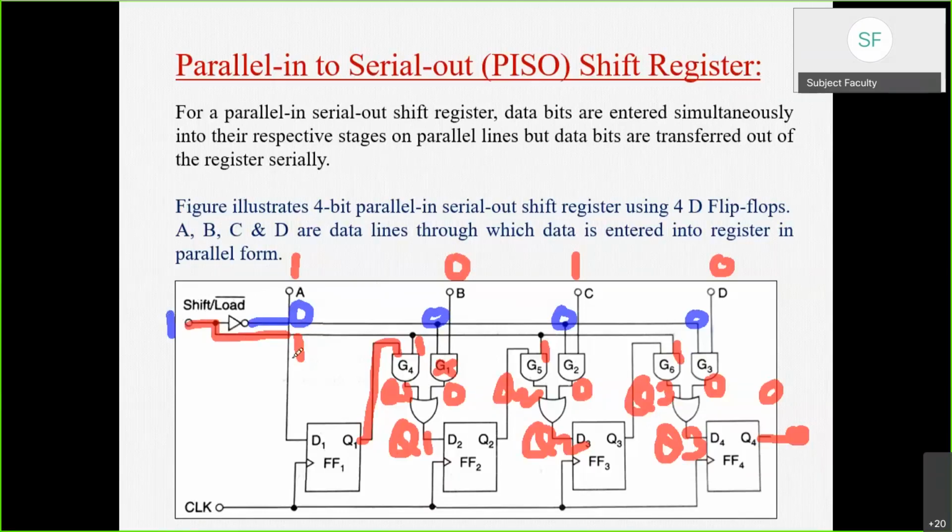So in shifting mode, that means when shift/load bar becomes 1, you are simply collecting your output across this terminal, that is Q4, and it will be in serial manner. And observe, we are feeding in your inputs in parallel fashion simultaneously, but you are collecting your output in serial manner.